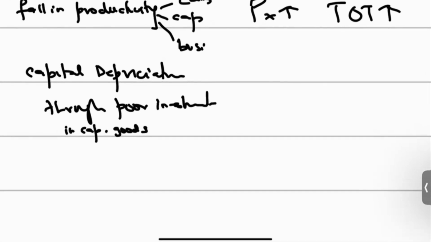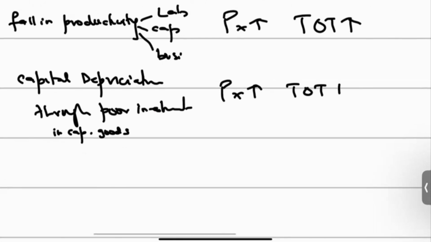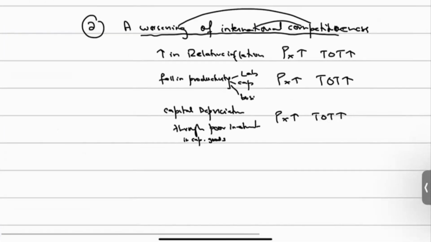And ultimately, the net impact would be uncompetitiveness of exports, driving the price of exports upwards and causing an improvement in your terms of trade, right? So this is another reason why terms of trade could go up.